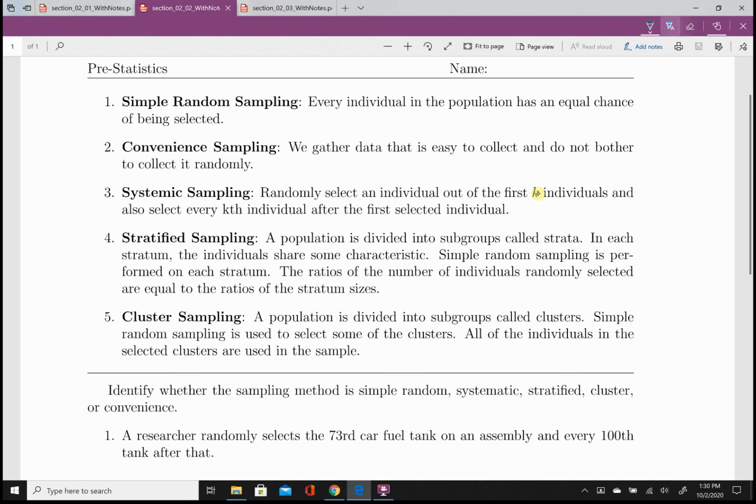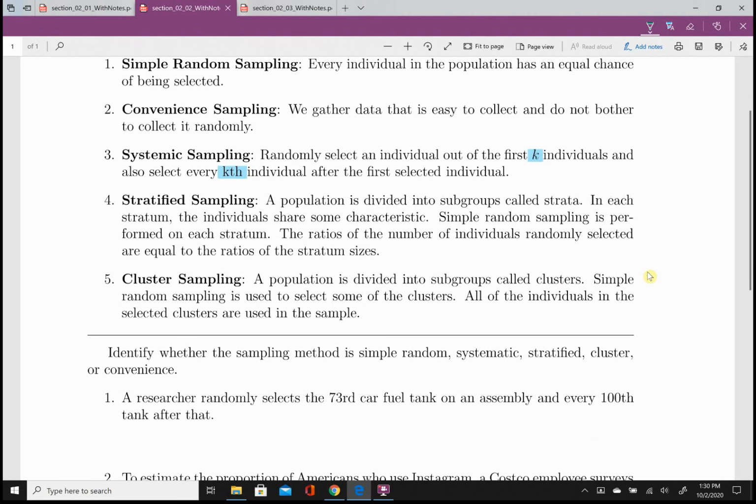Let's add some notes: this K and this K might not necessarily be the same, is all I'm saying. I mention that because I remember there being an example in which they're different, but it's still systematic sampling.